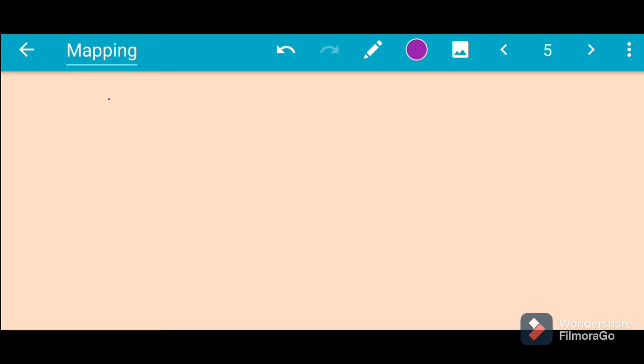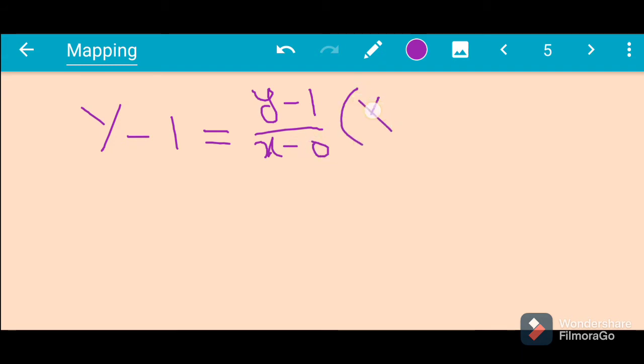It passes through (0, 1). So Y minus 1 is equal to (y minus 1) divided by (x minus 0), times (X minus 0).